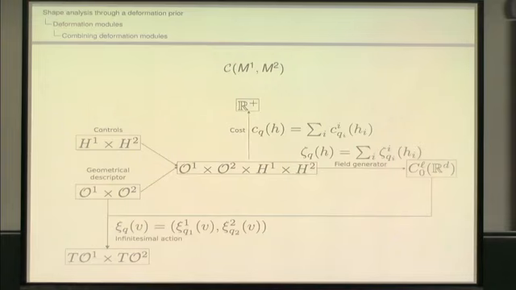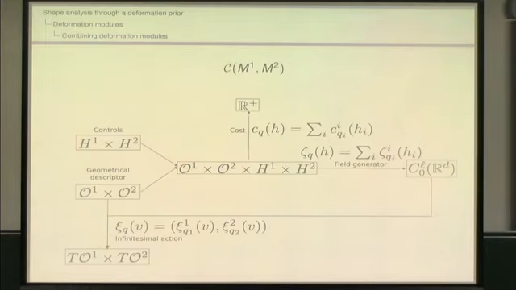So here's the diagram. It's very intuitive. The new space of geometrical descriptors is the product of the two previous spaces. The new space of controls is the product of the two spaces. Then the field generator takes in input one geometrical descriptor that has two components, one control that has two components, and returns the sum of the two vector fields that would have been generated by our two deformation modules here.